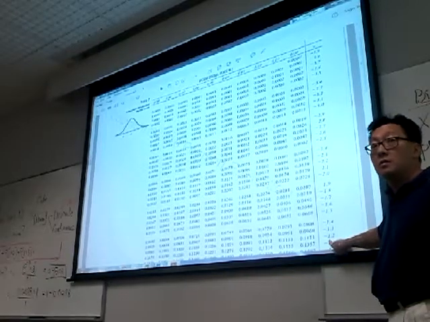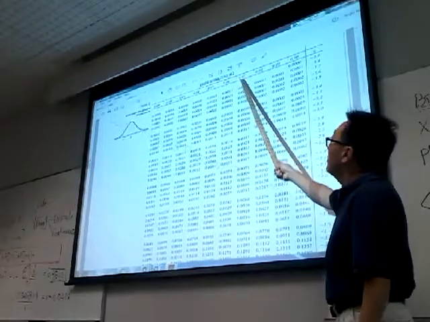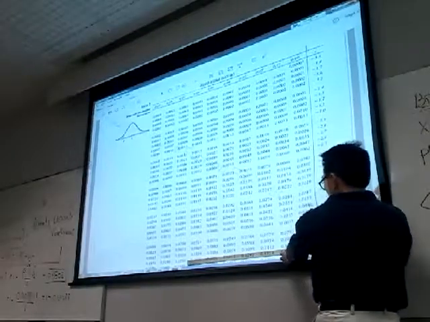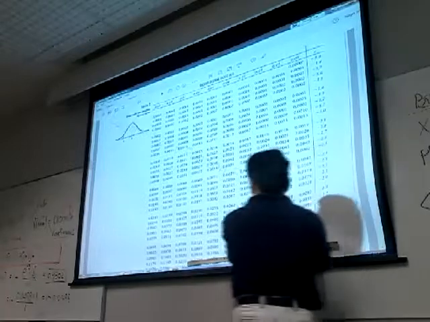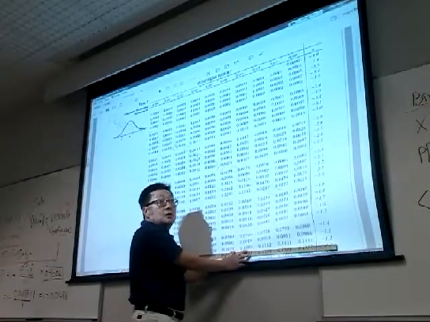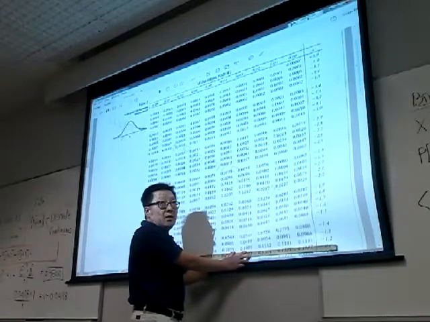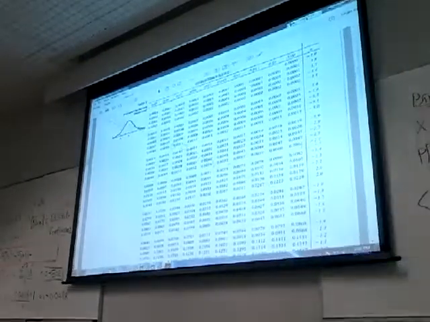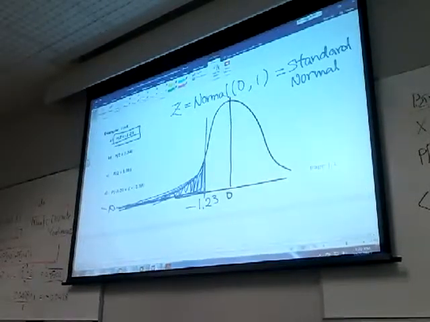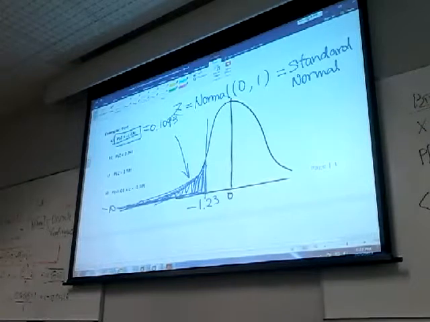How much was it? 3. So here is the second decimal place in Z, 0.03. We had negative 1.23. It is the probability. Somebody did. 0.1093. Easy.